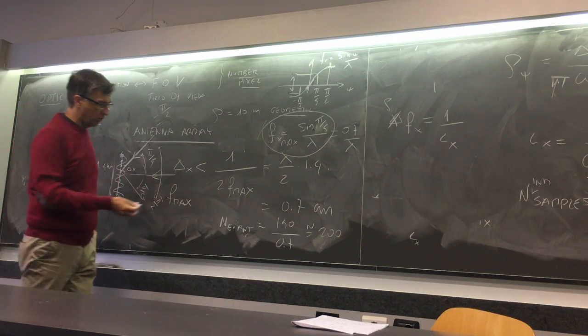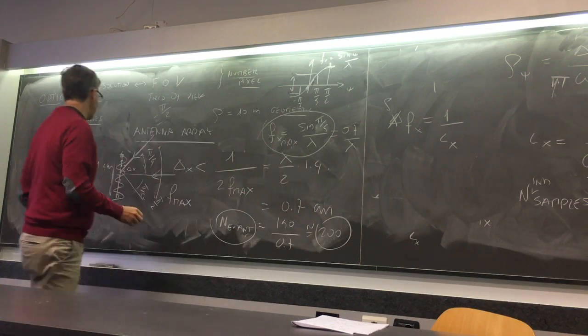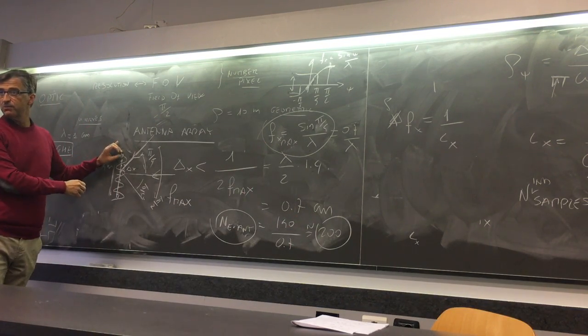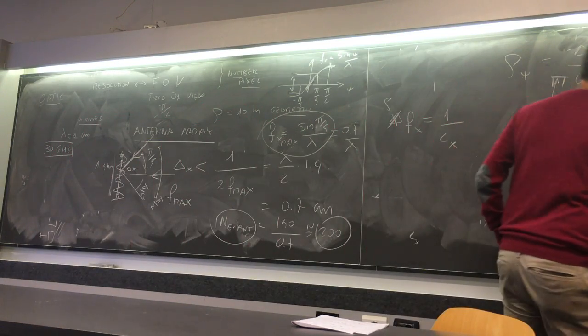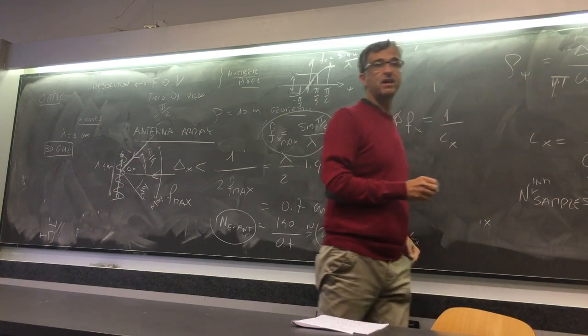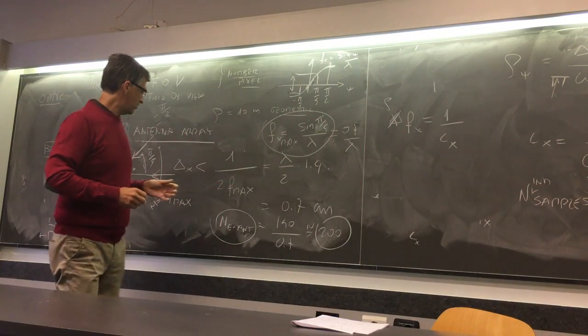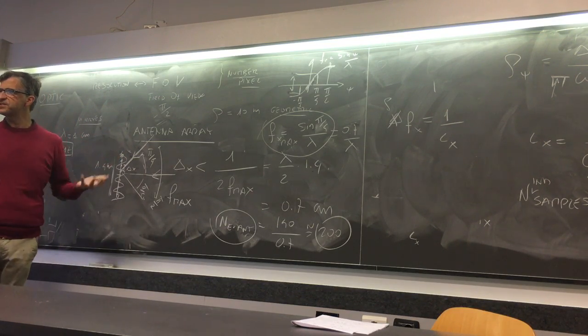If you go to the number of antenna, the number of antenna is the total length divided by the spacing, that is 200. You observe that 200 is very similar in order to the number of independent samples, okay? So each of these antenna is actually resolving one sample.